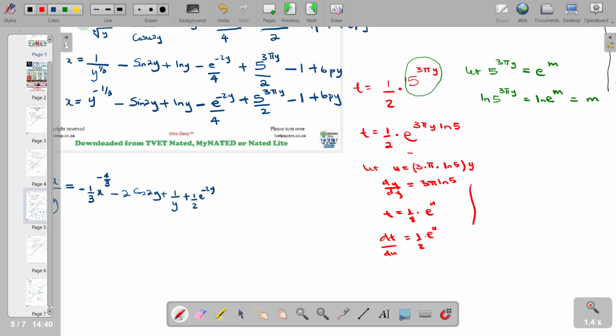So when you want dt dy, this will be equal to dt du multiplied by du dy. dt du, we found it to be half e to the power u, but our u is what? 3 pi ln 5 y.